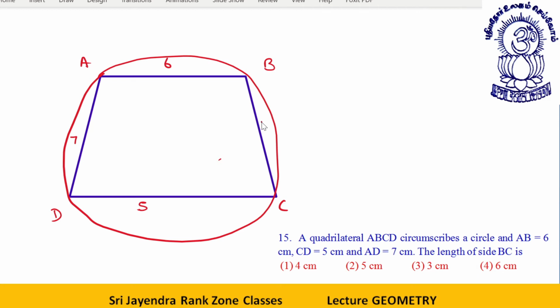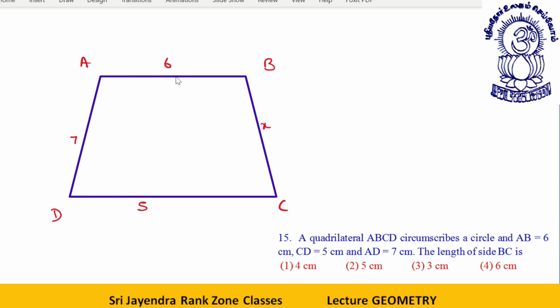Then the length of BC is X. Now, this is a property of a quadrilateral circumscribing a circle. Oh, I'm sorry, the circle is over here. This is the circle, suppose.